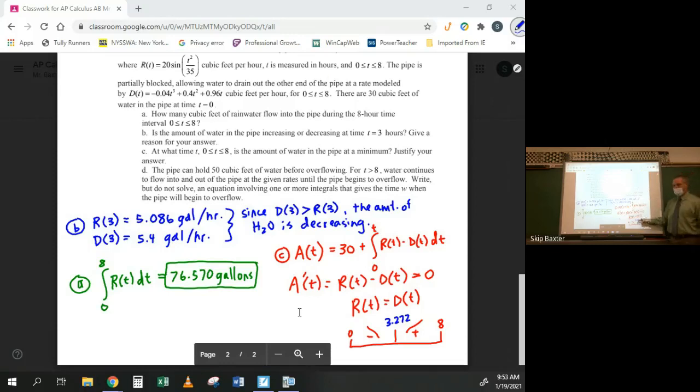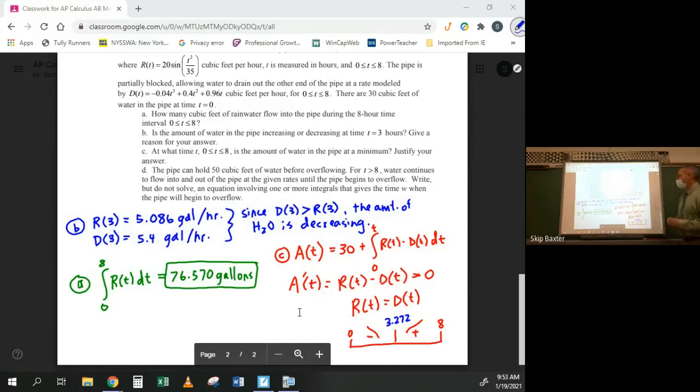Justify your answer. For all t values less than that, D of t is greater than R of t, which means A prime is negative. And for every time value greater than that, R of t is greater than D of t, which means A prime is positive. So that's the point at which A prime changes from negative to positive, which is what a minimum is.